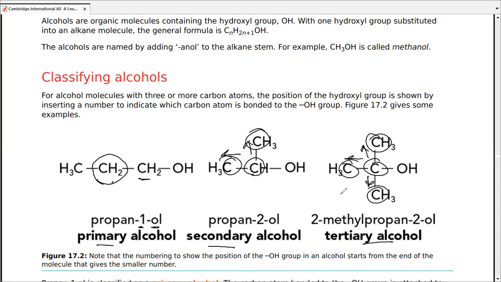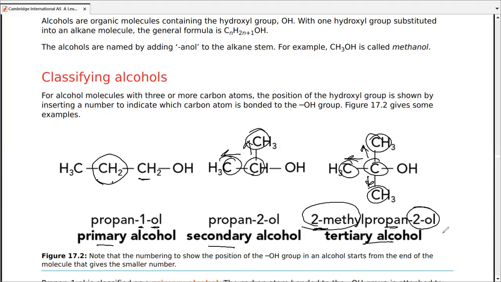I hope this clarifies it. Also, this kind of name gives you the idea that if we have two numbers to represent in a chain, one goes for the alcohol and one goes for our branch, wherever that branch is. So that's how it's named. So I think this also clarifies the nomenclature part for alcohols, no matter whether it's a primary or secondary or tertiary alcohol. I hope you get the point, right?